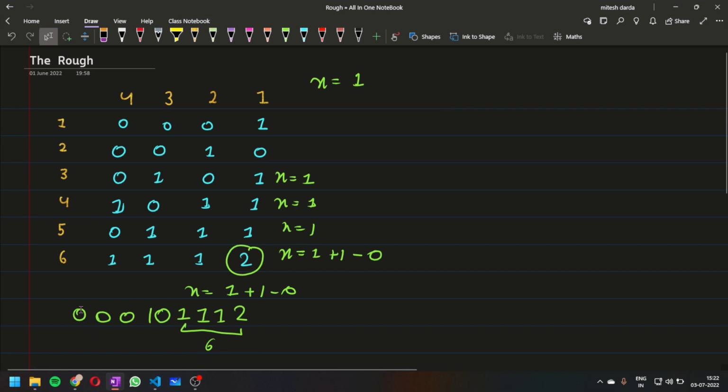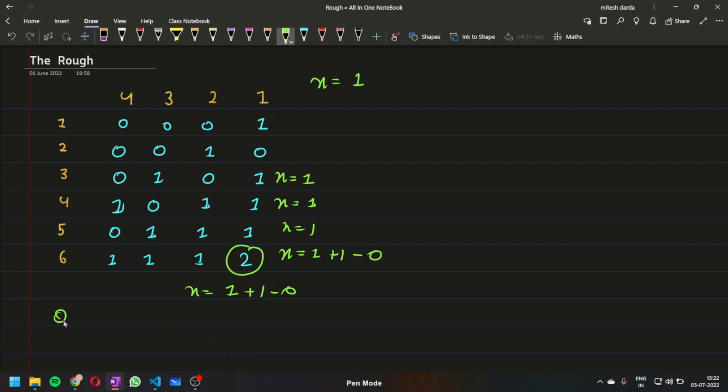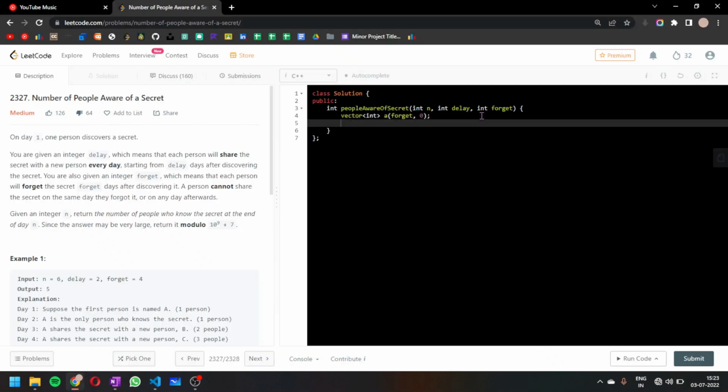So what I'm doing is initially making an array of 4 elements. Then after this I am going to push back 1, because it has been given to us that on day one a person discovers the secret.